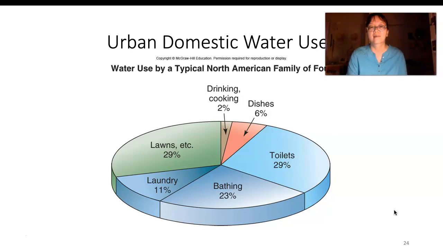When you can take a shower, you skip a bath. When you can take a shorter shower, you do not take a long shower, things like that. Just try to think about those things as an individual. How can we save water? Each individual is significant. If each person keeps saving water, we can save a lot of water all over the world.